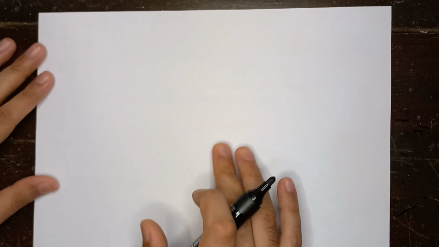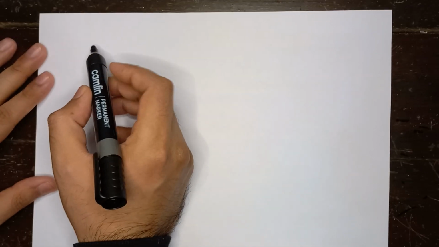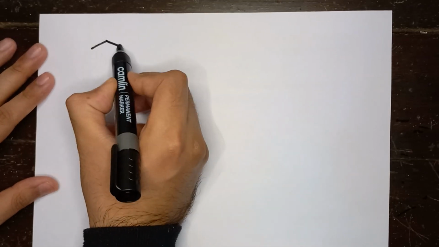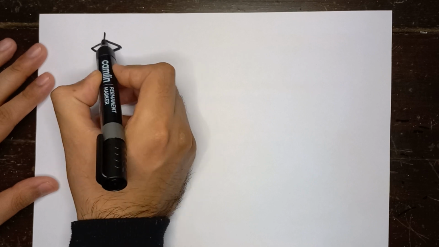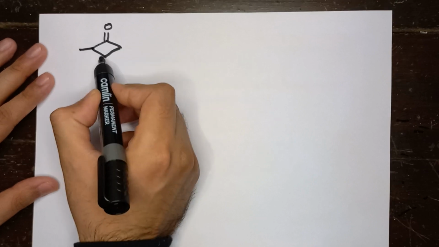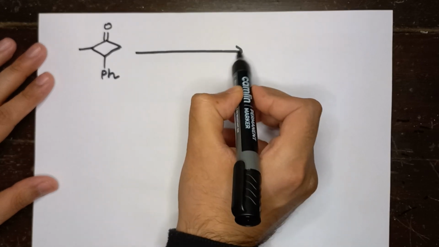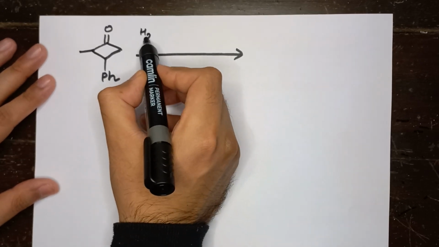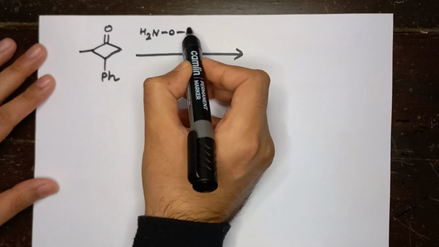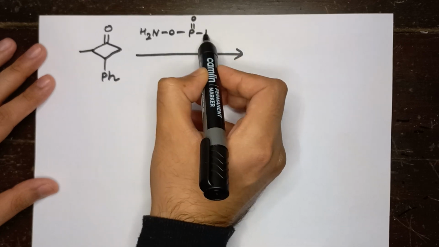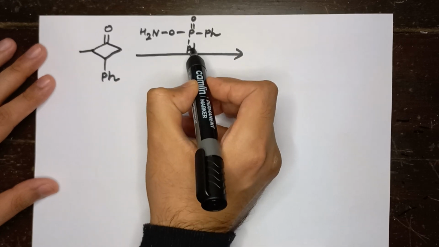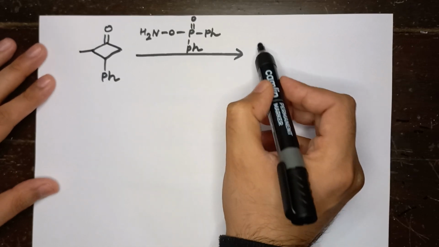Okay, so in the first question, we have a cyclobutanone derivative, and we are reacting this with this particular reagent, and we are getting some product.